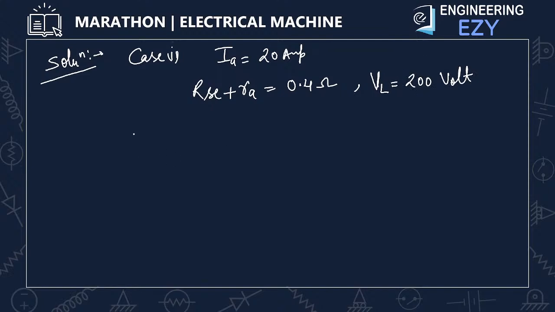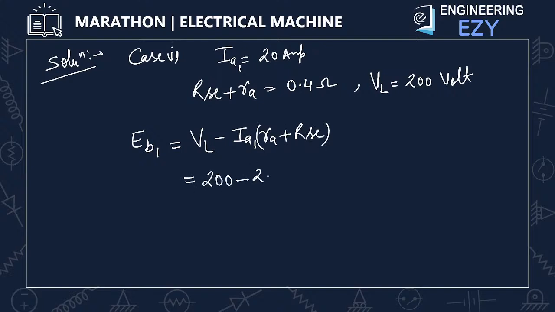So we can calculate the first case EB1. Back EMF in the first case is VL minus Ia1 times Ra plus Rsc. Since it is the first case, we are naming it Ia1. So VL is 200 volt minus Ia, 20 ampere, times Ra plus Rsc, which is 0.4.